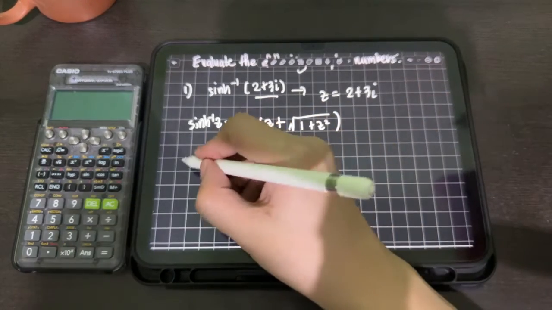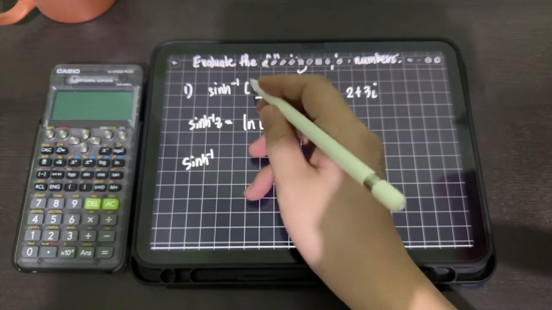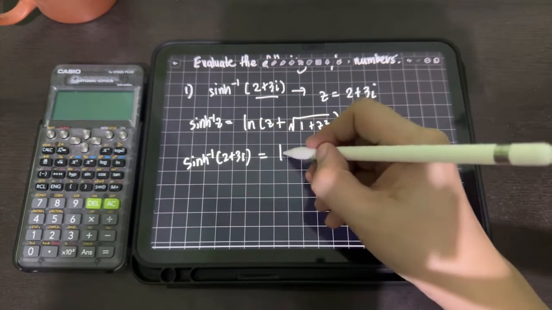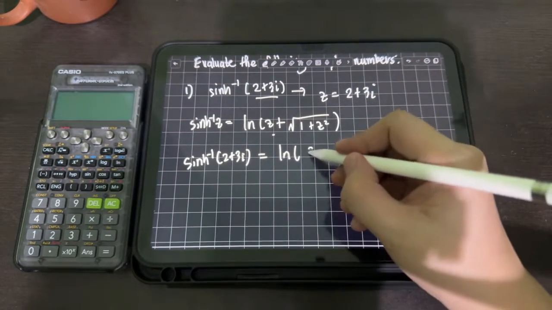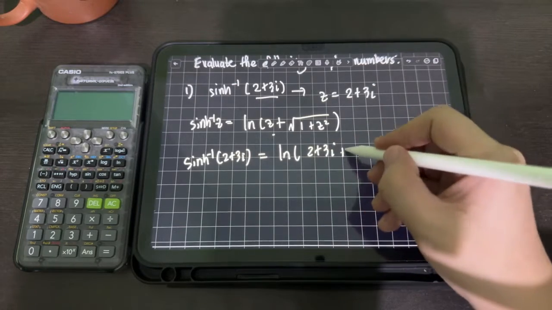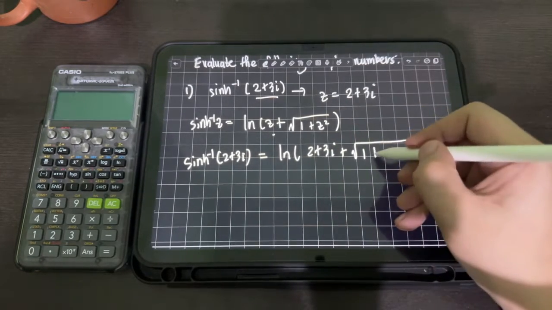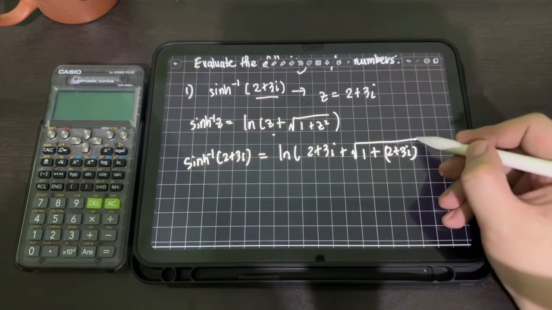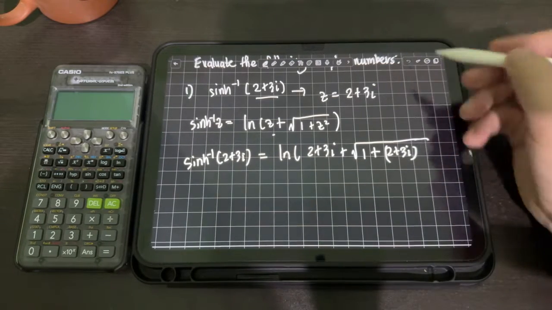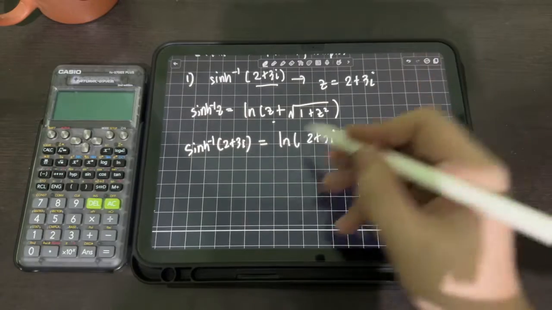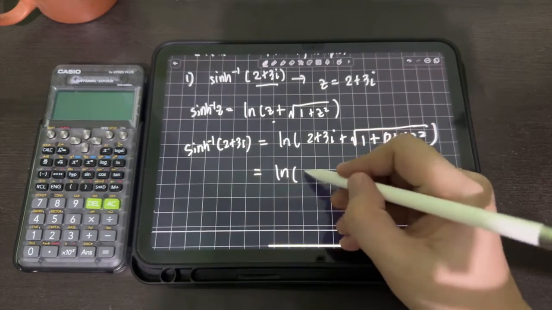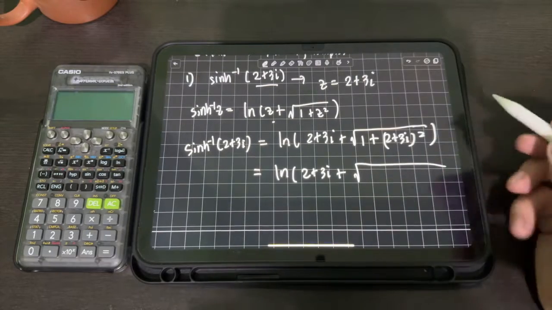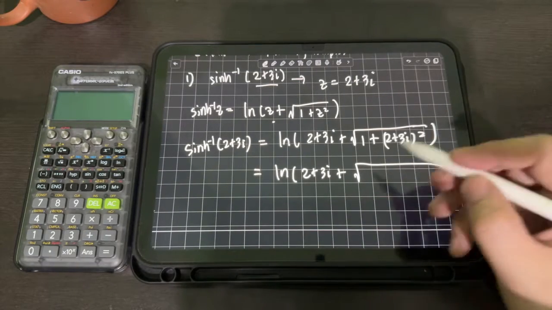So substituting the value, arcsinh of 2 plus 3i is equal to ln of z, which is 2 plus 3i, plus the square root of 1 plus z squared, which is 2 plus 3i quantity squared. Then we simplify first the expression inside this square root. So we expand the square of the binomial.